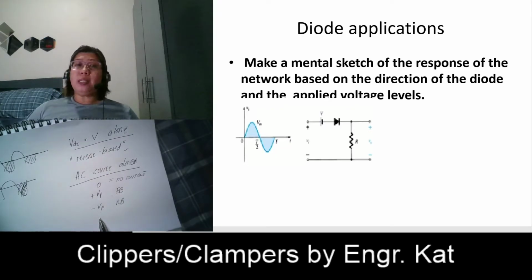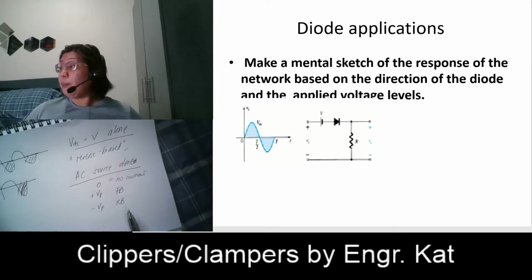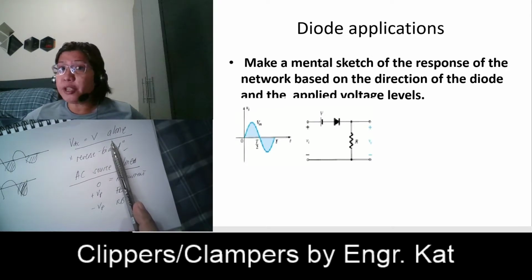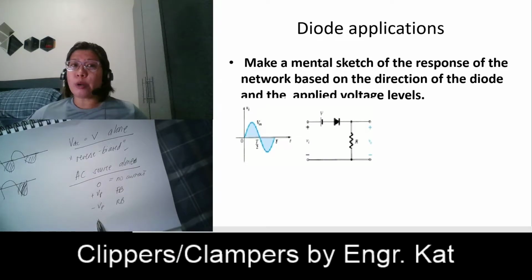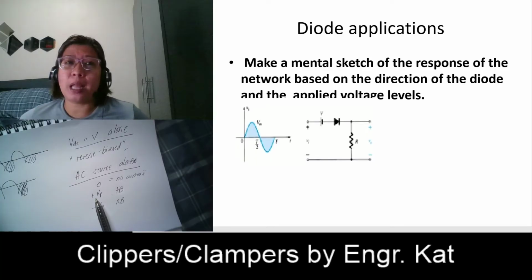When your input is at the negative peak, your diode is also reverse biased. Why? Because the DC source is reverse biasing it, and the AC source is likewise reverse biasing it, so during the negative half cycle, it is automatically reverse biased. Now, what happens at the positive half? It depends.